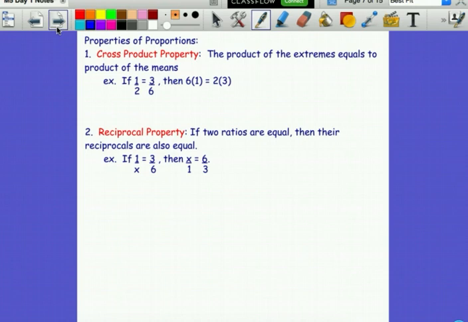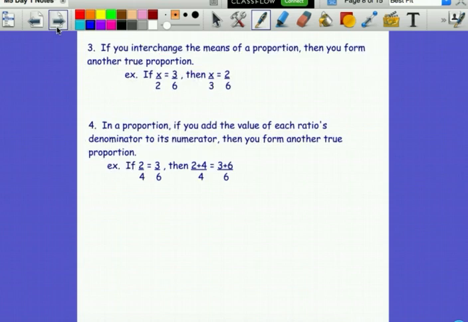The reciprocal property says the reciprocals of any proportion that is equal will still be equal. So we can flip those fractions upside down and still have a true proportion. If you interchange the means of a proportion, so if we switch the two middle terms, you still have a true proportion.